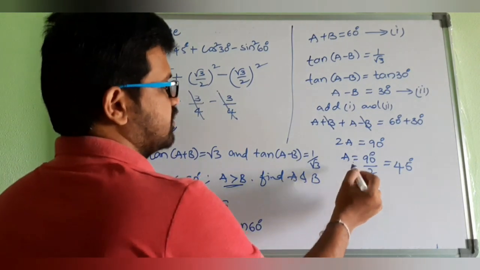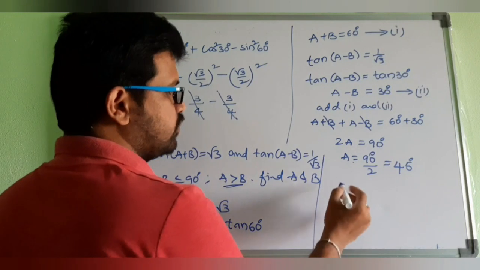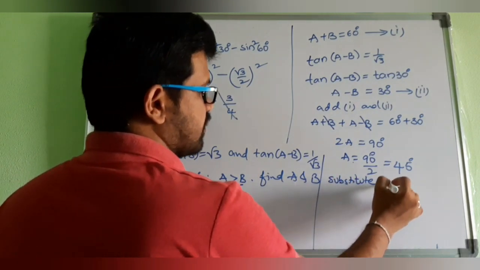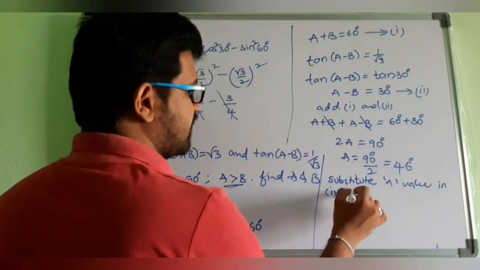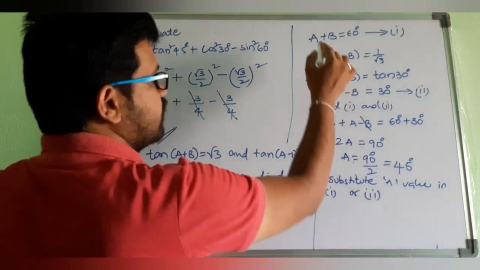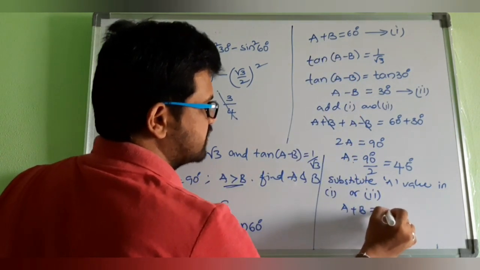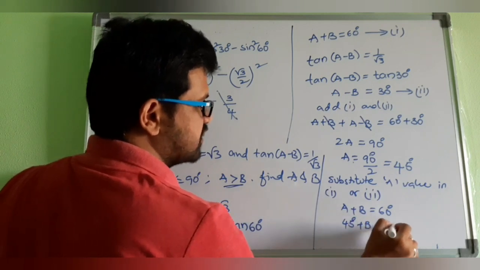And substitute A value in equation 1 or 2. I am taking the first one, A plus B is equal to 60 degrees. What is A value? 45 plus B is equal to 60 degrees.